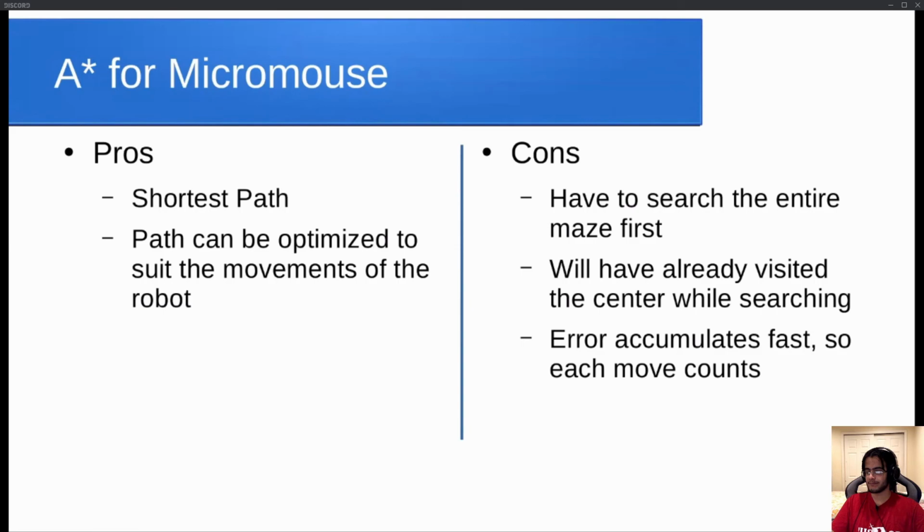And I think the biggest reason against using this combination of a search function, DFS, and A star is that as your robot moves through the maze, I'm talking in a real physical maze with a physical robot, the error accumulates very quickly. Say you're turning.